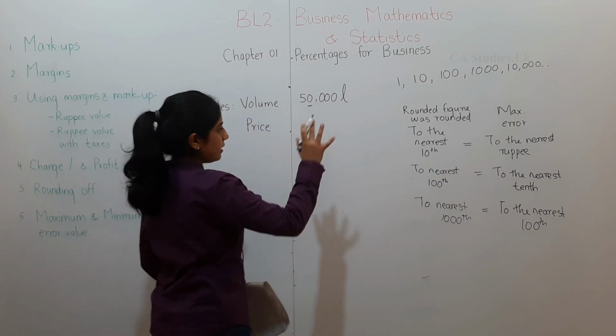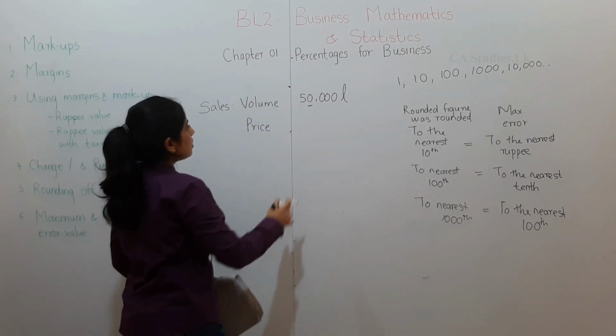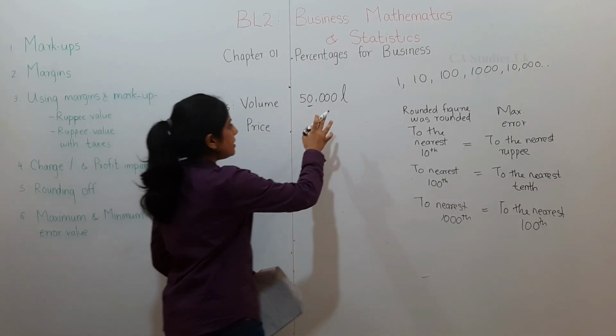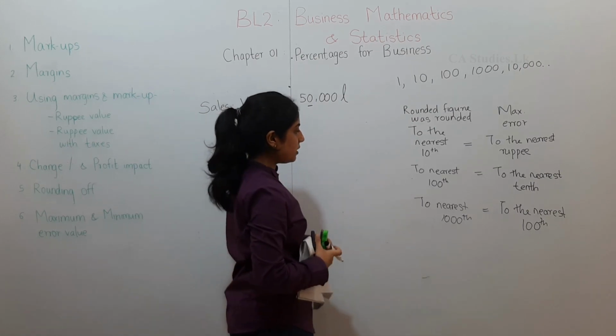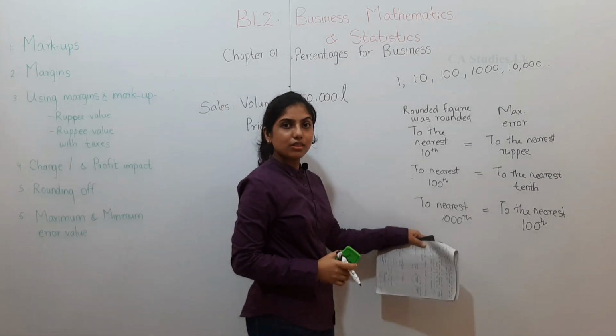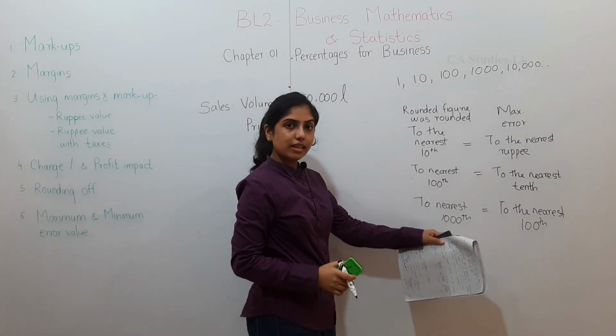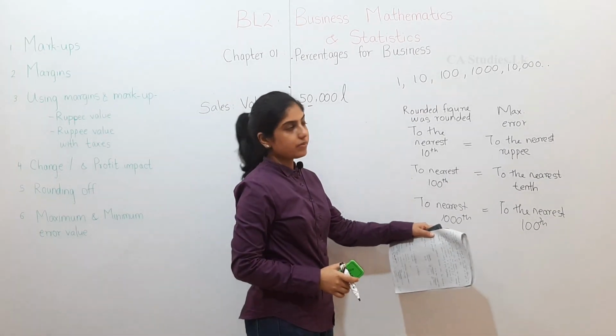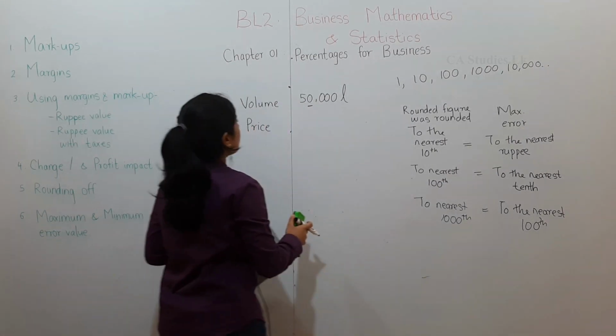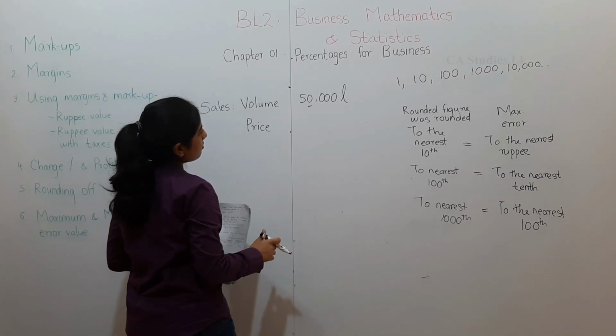So, given that these liters were rounded to the nearest 1000, then what should your error be? It should be expressed in hundreds.